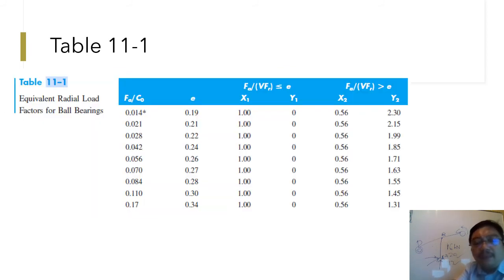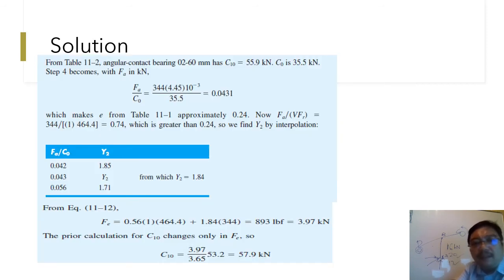Okay, this is again table 11.1. And then this solution, angular contact 02 series bearing, you can read it, C10 is 55, C0 is 35.5. Step 4 becomes like this, and then you get 0.431, which from table 11.1 is approximately 0.24.